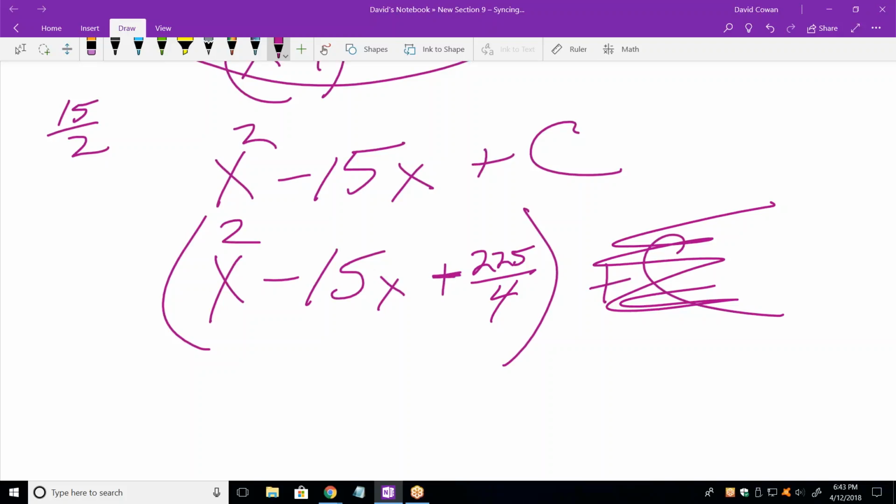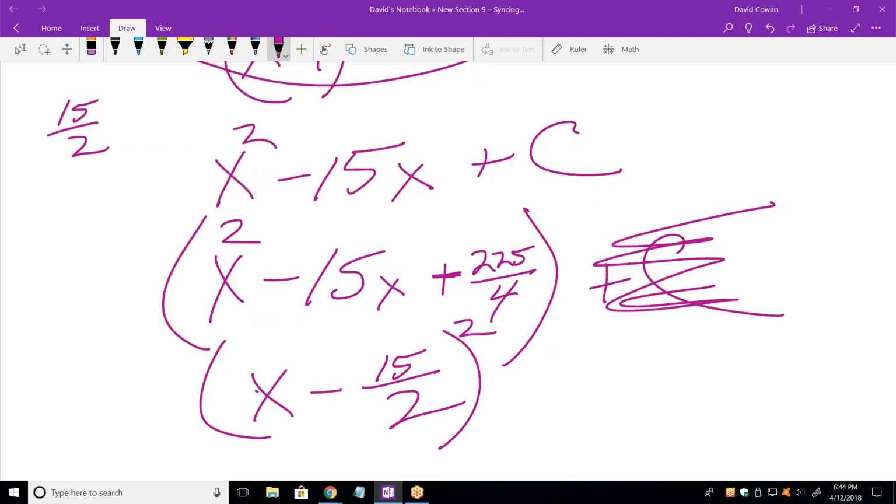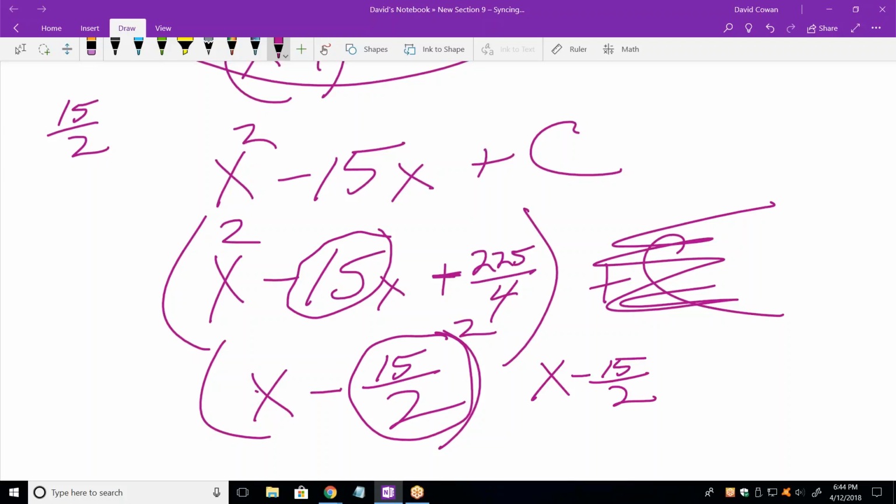Now, how can I write this? In other words, if I want to write it as a linear term squared, it would be x minus 15 over 2, squared. Whatever you get when you divide that by 2, that's what goes there. Notice that this means x minus 15 halves times x minus 15 halves.